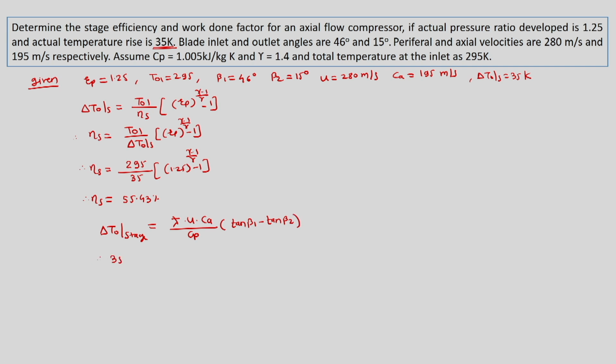So we have 35 is equal to work done factor into U is 280 into Ca is 195 divided by 1005 and tan of 46 minus tan of 15. So we have work done factor as 0.8393. This is a simple example where we had to use straight formulas to find out the quantities.